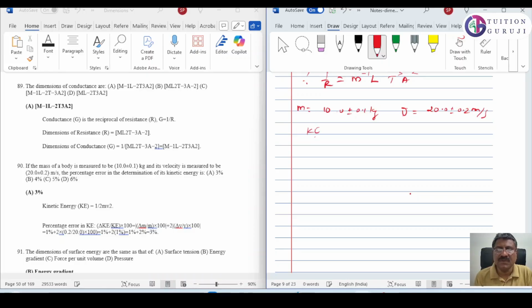So kinetic energy, we know, is equal to half mv square. So percentage change delta KE by KE into 100 is equal to delta m by m into 100 plus 2 into delta v by v into 100.